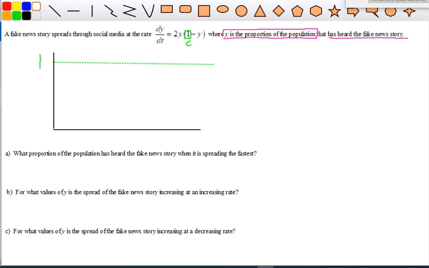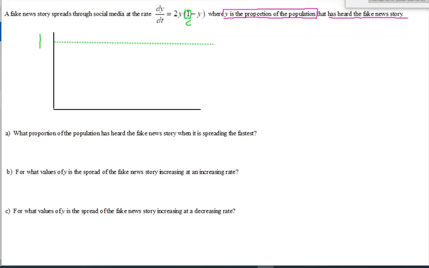And what's different about this one is we don't have a specific initial value to start at. So if that's the case, we know it can't be negative, so you can just model it starting at 0 when you sketch your graph. And then it's going to start out concave up, and then somewhere switch to concave down.